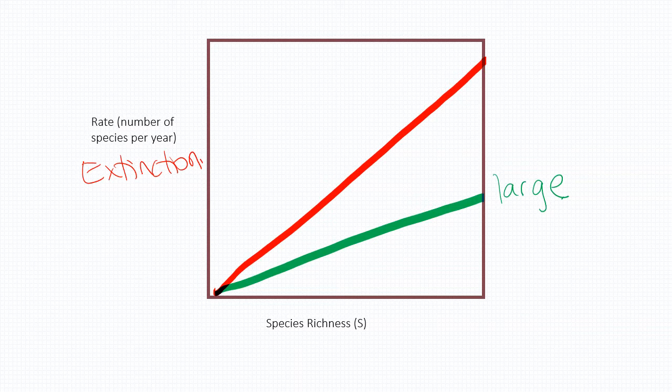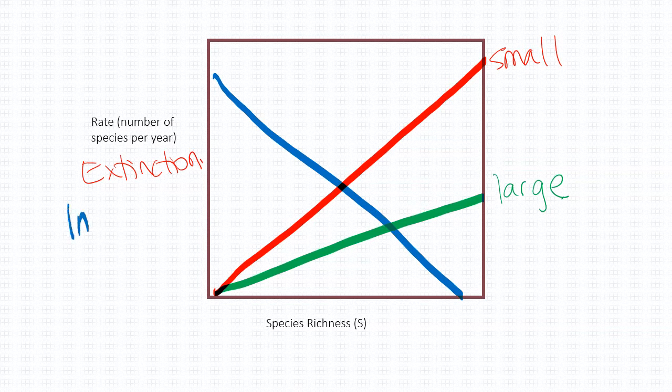And as you have more species, they both go up. They're both going to increase with the number of competitors using up the resources in the area and competing for the resources. So this would be a small island. And then you would have the large island. Let's just say the small island and the large island are still the same distance from the mainland. So I have my immigration rate going like this. Immigration is blue.